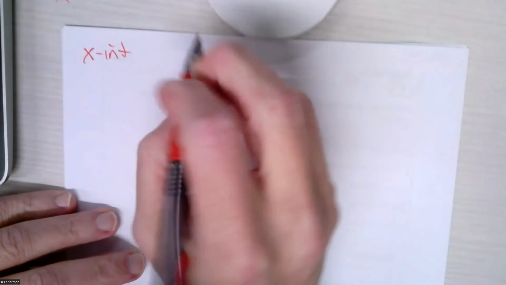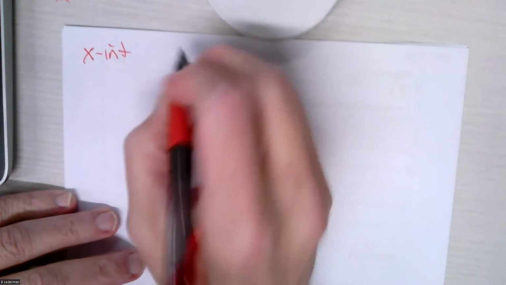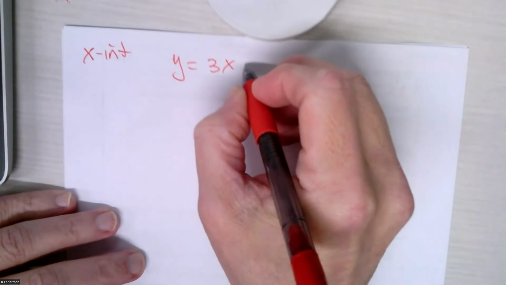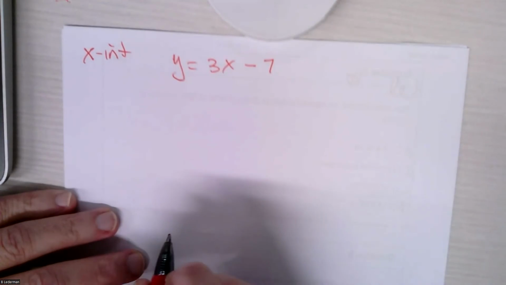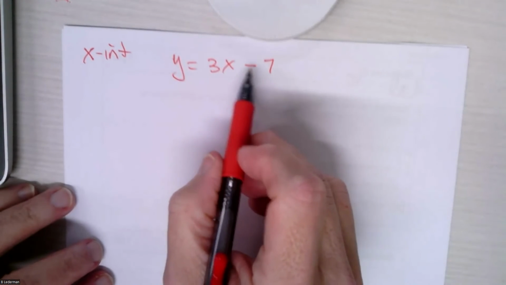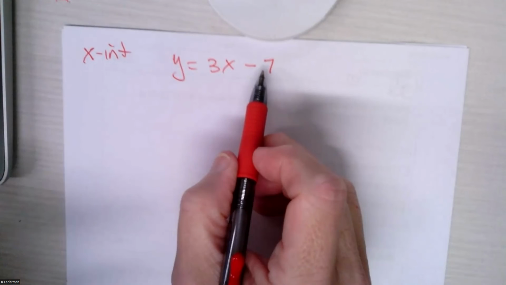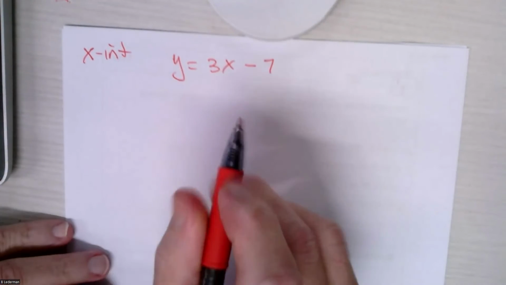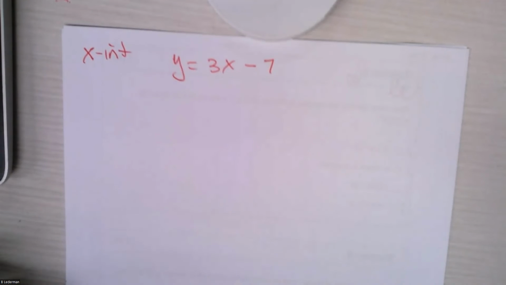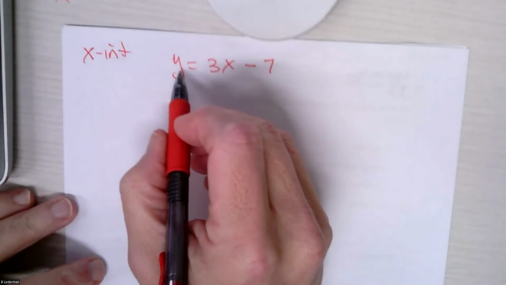Now sometimes we might ask you to find the x-intercept. So if you have an equation y equals 3x minus 7, the y-intercept is very easy when you write it like this. You just take that last number, -7. That's the y-intercept. But the x-intercept, a very reliable way, an always reliable way, is to set y equal to 0.